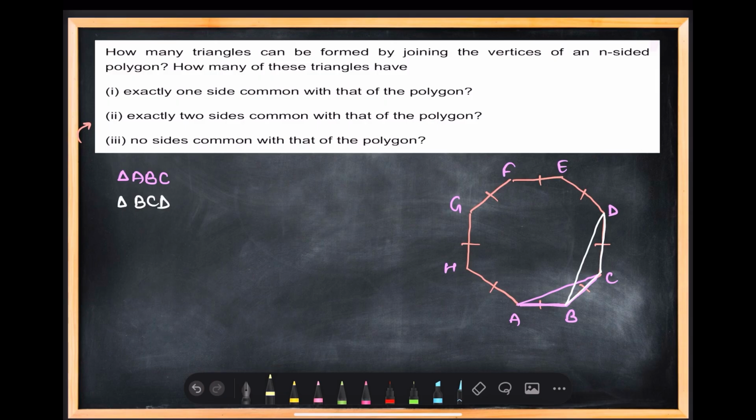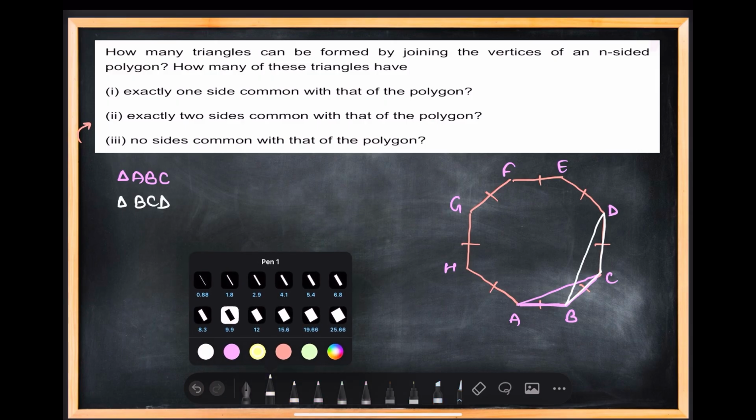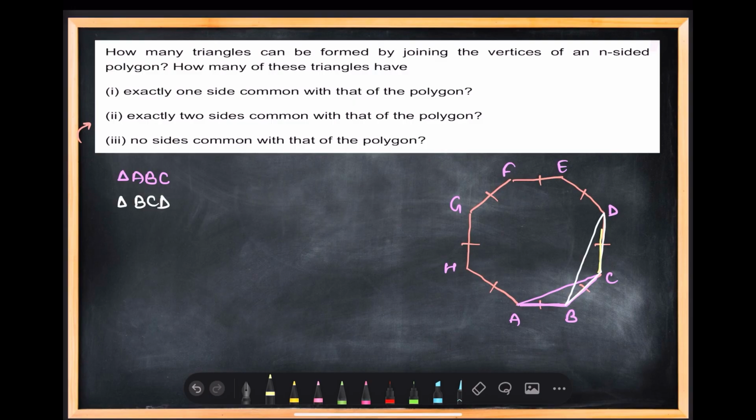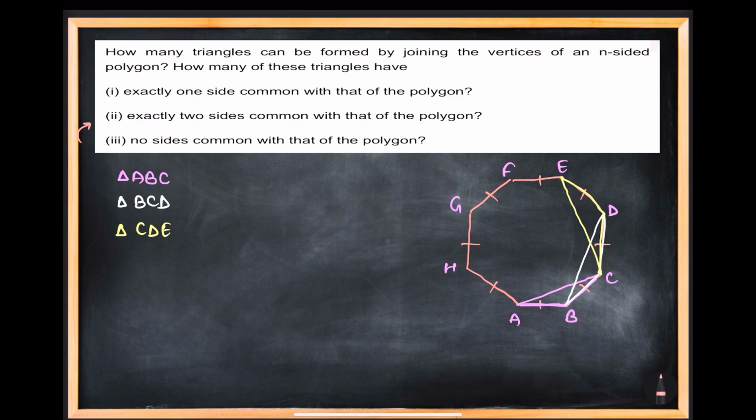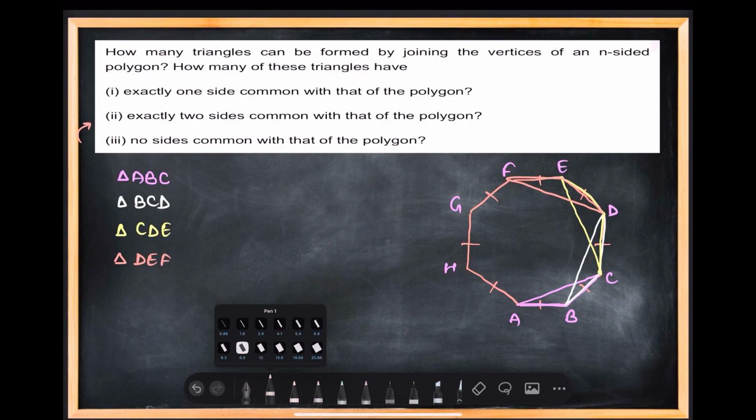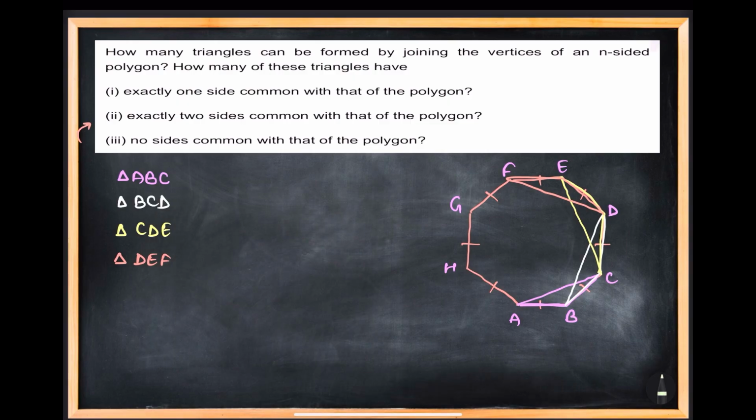Now I will give preference to C: C, D, E, triangle CDE. Now we start from D: D, E, F, triangle DEF. If you observe, every triangle is sharing exactly two sides in common.